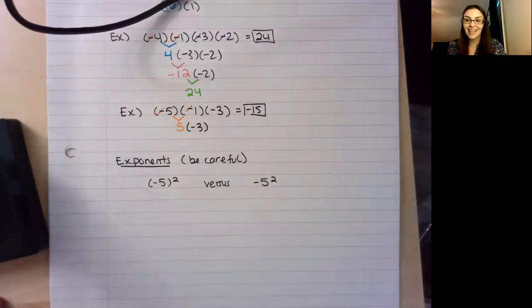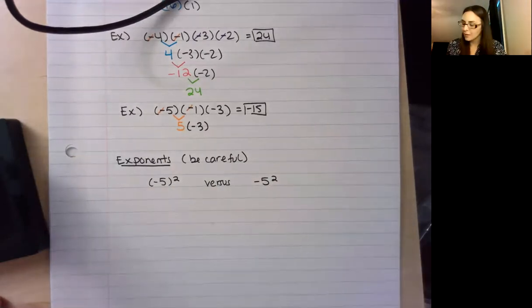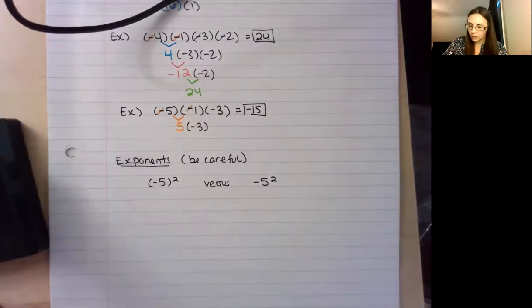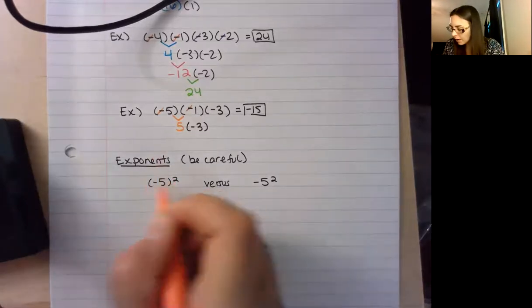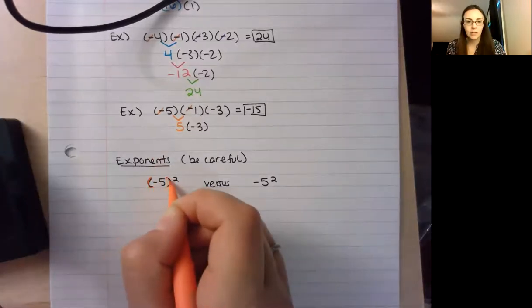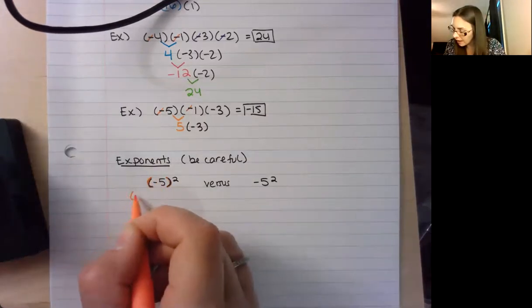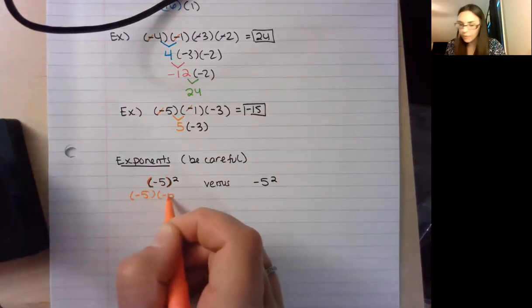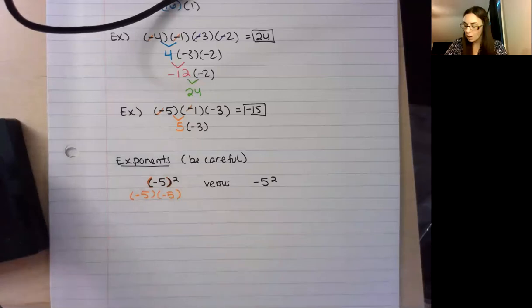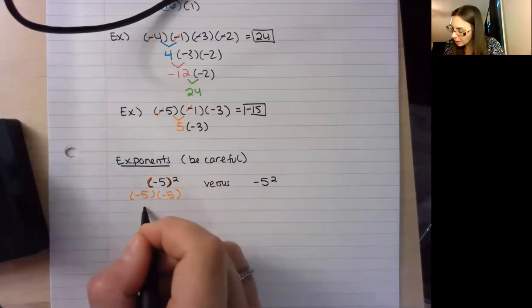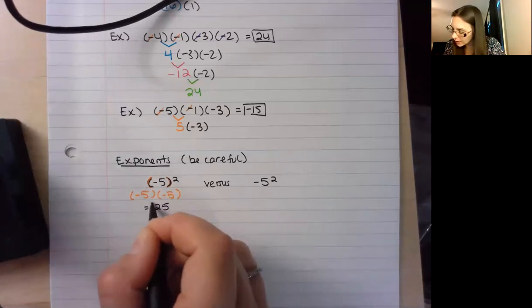And you're probably saying they look exactly the same. And they're very similar, except this one has parentheses. So notice here that the square is touching the parentheses. So this whole thing is squared. So this means that I have -5 times -5. Well, -5 times -5 is going to be +25. Those negatives are going to cancel out.